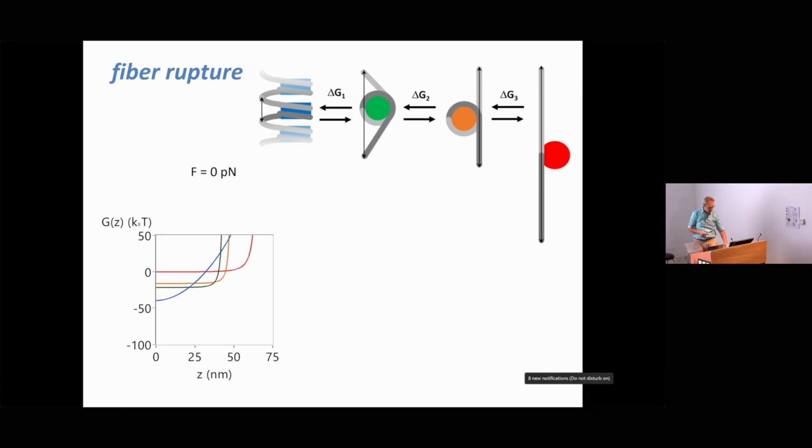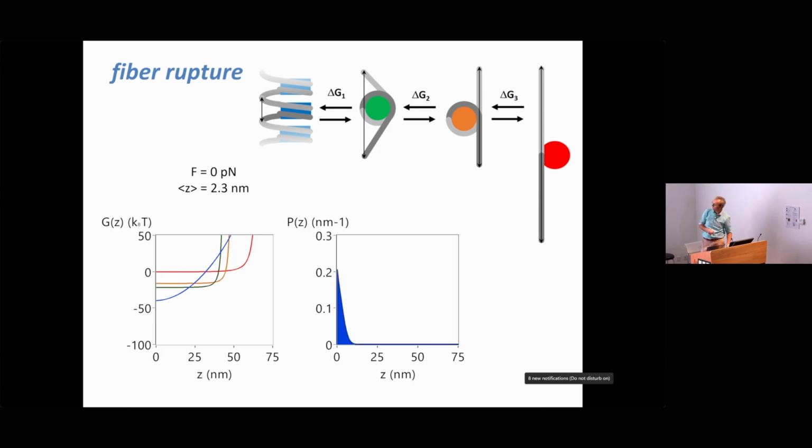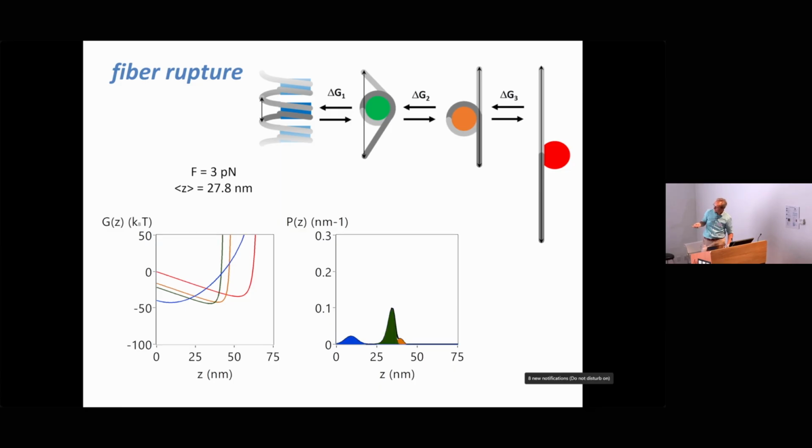So by combining this, we can also calculate the average extension, and we can increase the force, and that basically tilts the energy landscape. And we can do the same thing, and we see the average extension increasing, and then we can see as this one gets lower energy, it becomes most prominent. So we have a transition here, and that can continue.